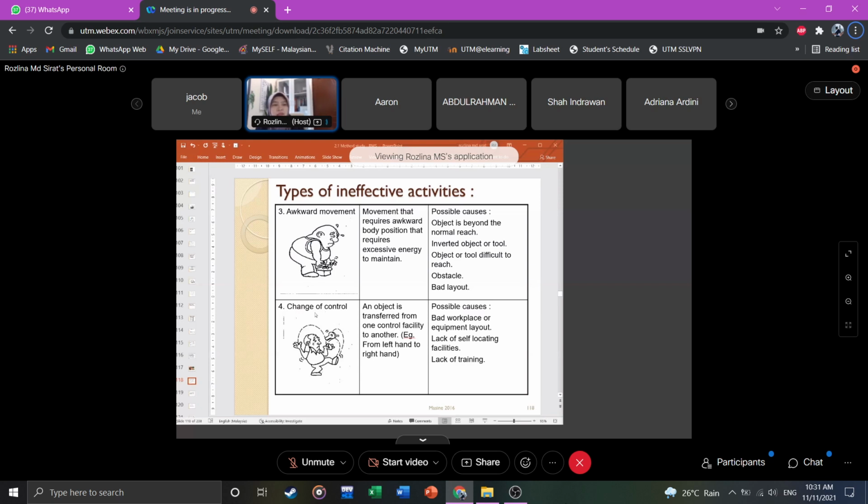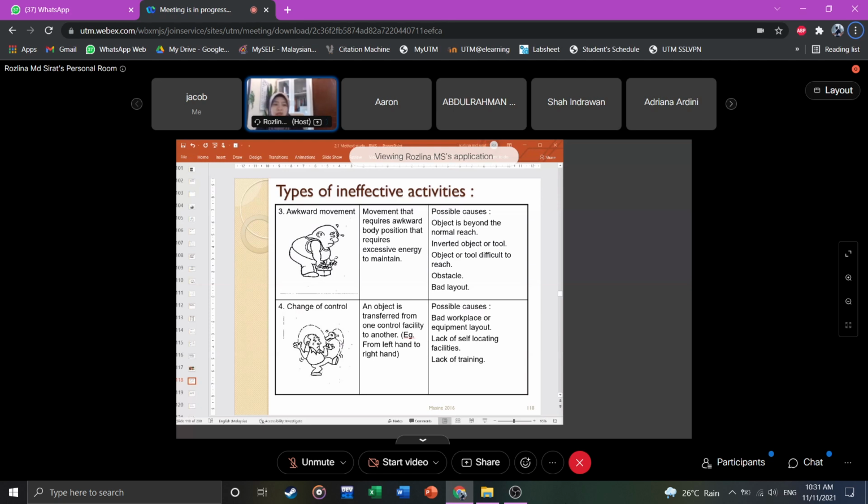Okay, and then number 4 is change of control. When an object is transferred from one control facility to another. Maybe there is equipment that is normally designed for the right hand, but you are a left-handed person.